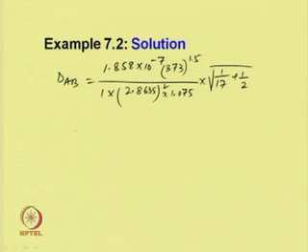So, this will give 1.134 into 10 to the power minus 4 meter square per second.